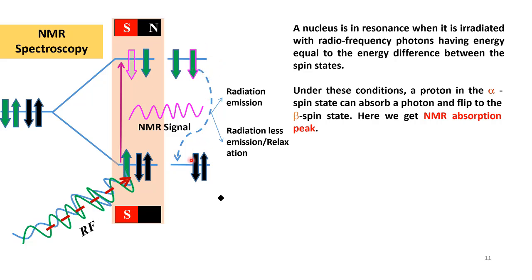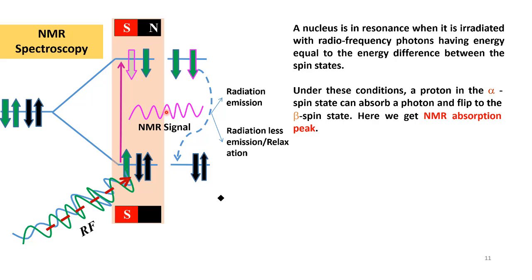When it tries to come back to the original state, it will emit some radiation, and then it will give the NMR signal. So first it absorbs the radio frequency and jumps to the higher state, and then upon relaxation it releases the NMR signal, which we detect from the detector.